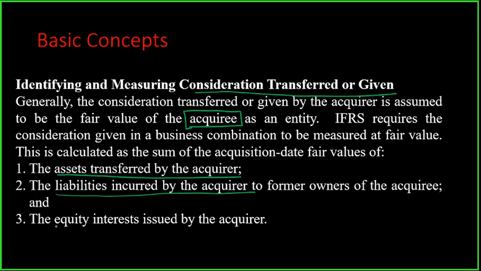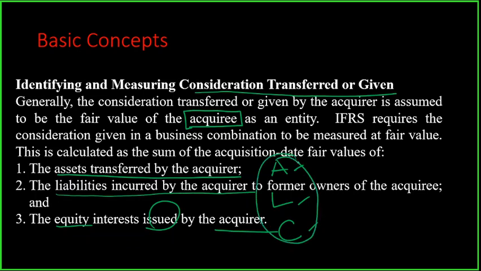Also, the equity interest, the shares of stocks that are issued by the acquirer. So, you have the assets given up, the liabilities which were incurred, plus, of course, the equity. Assets, liabilities, and capital components. Add all of these three. Get the fair market value and add these three.